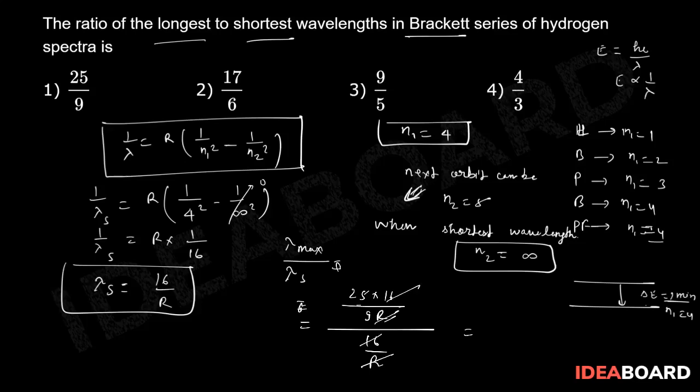What do I get? Lambda max upon lambda shortest is equal to 25 by 9. So we got a specific value, 25 by 9, for the Brackett series. So option number 1 has to be the right choice.